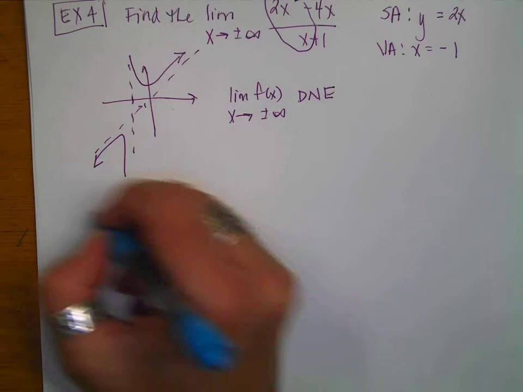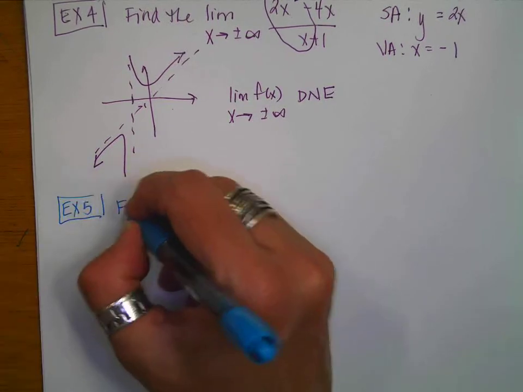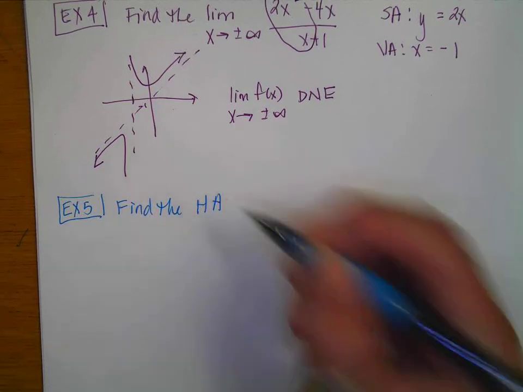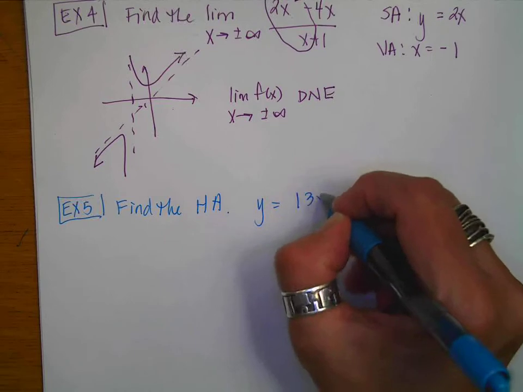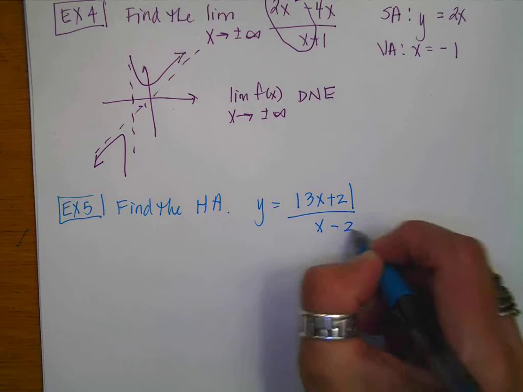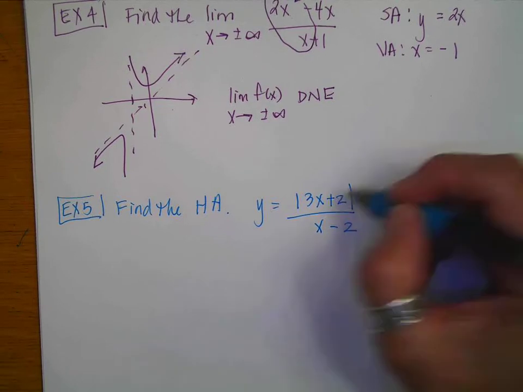All right, our last example, example number 5, says find the horizontal asymptote. And this one's kind of interesting. I have y equals the absolute value of 3x plus 2 over x minus 2. So I want to talk about what happens.